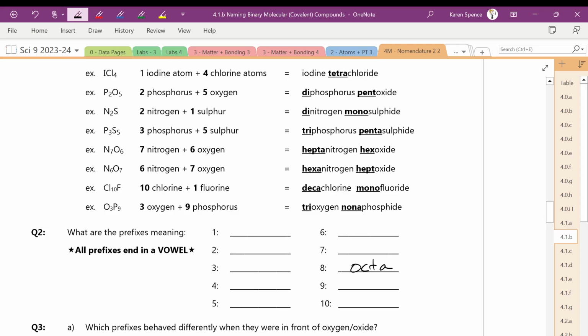What's 1? 1 is mono. 2 is di. 3 is tri. Yes. There's multiple ones, yes.